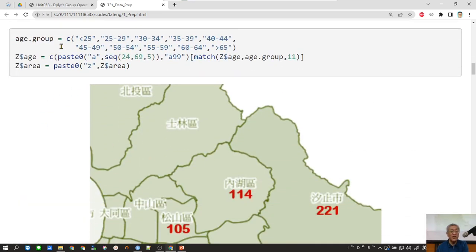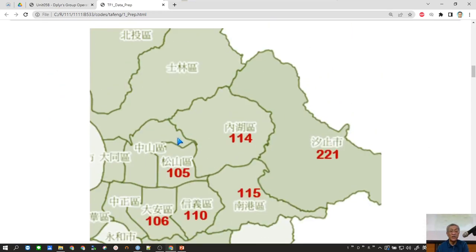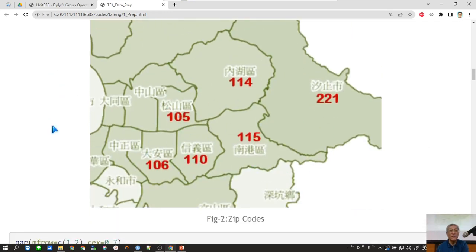Now, this is the age group and the area. As we can see, this is the map of Taipei City. For those who can read Chinese, you can see that very clearly, it's in the area code.